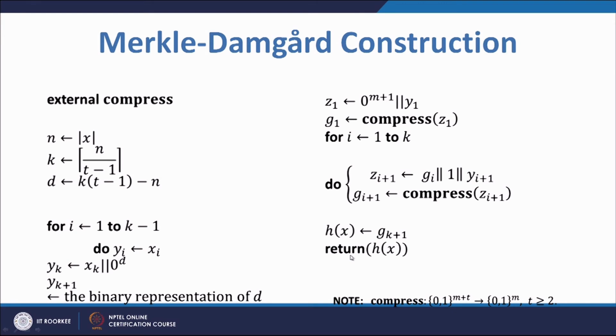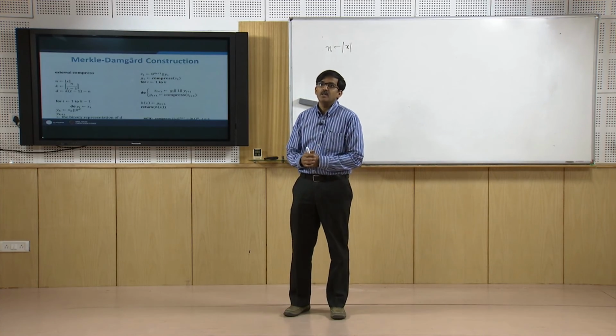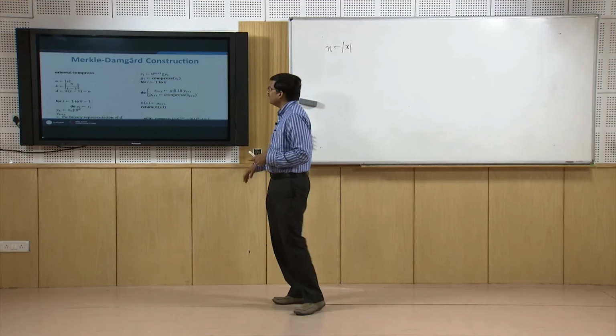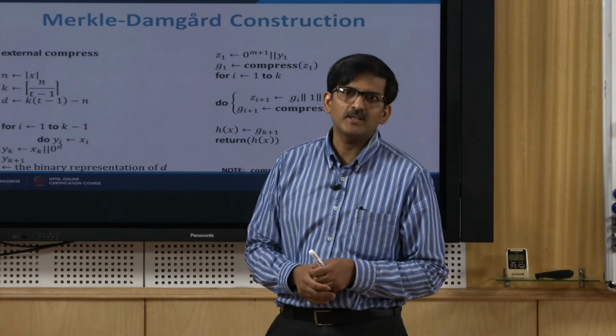At the end here I will come up to z_{k+1}. We will also use y_{k+1} here, and we will return h(x). This construction is the Merkle-Damgard construction, but there is another variation of this, because we note that here we are splitting up the input in segments of t minus 1.